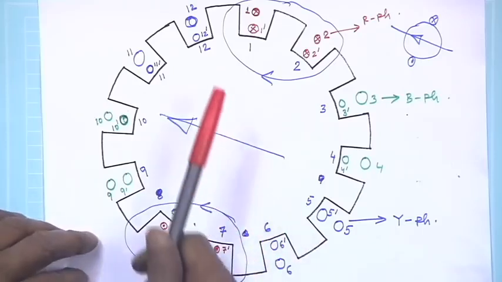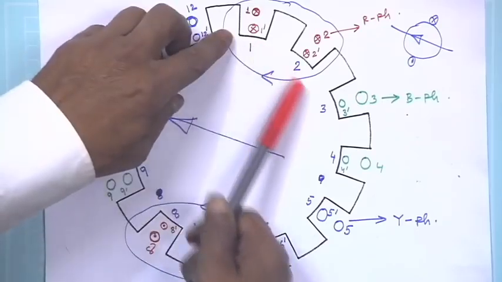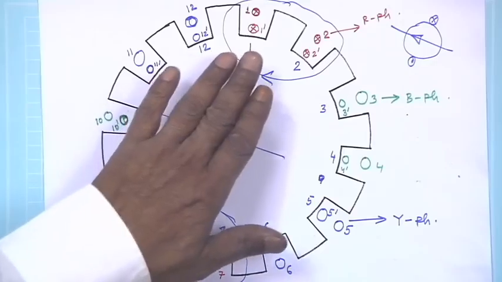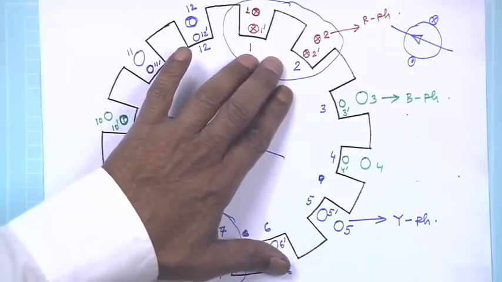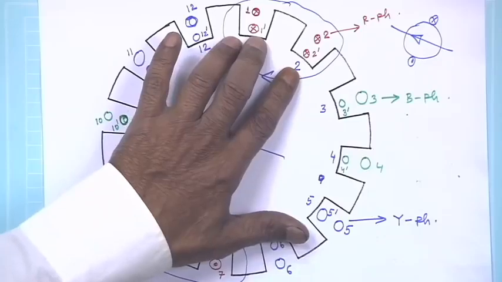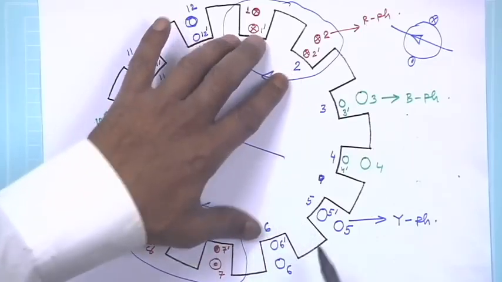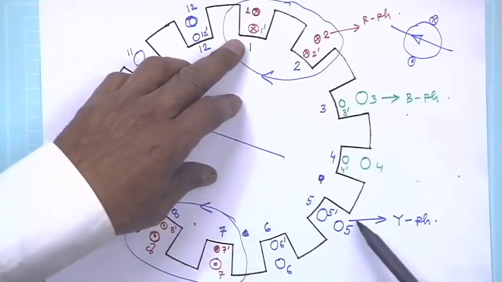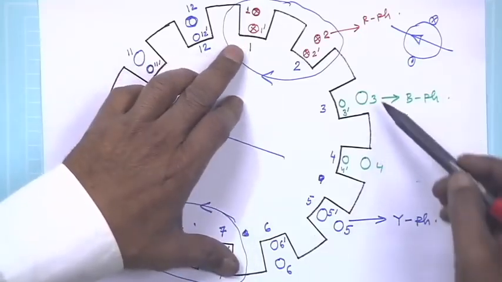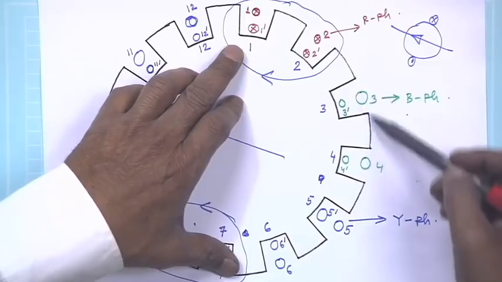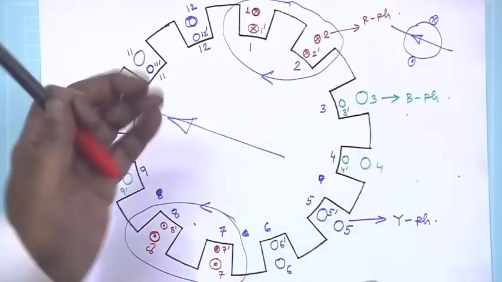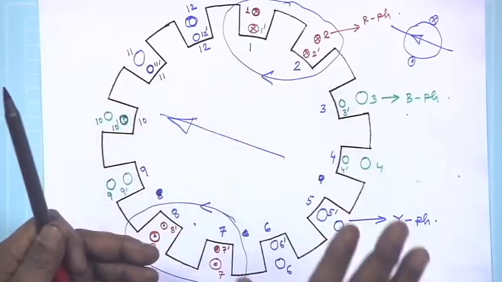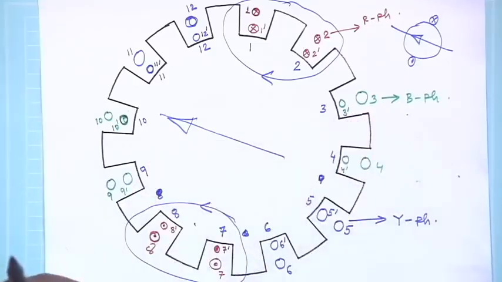So, you see, if you consider 180 degrees, these are the R phase conductors, 2 slots are allotted; 2 slots are allotted to Y phase conductors, these 2; and 2 slots are allotted to B phase conductors. So, each 180 degrees is shared equally by R phase, Y phase and B phase.